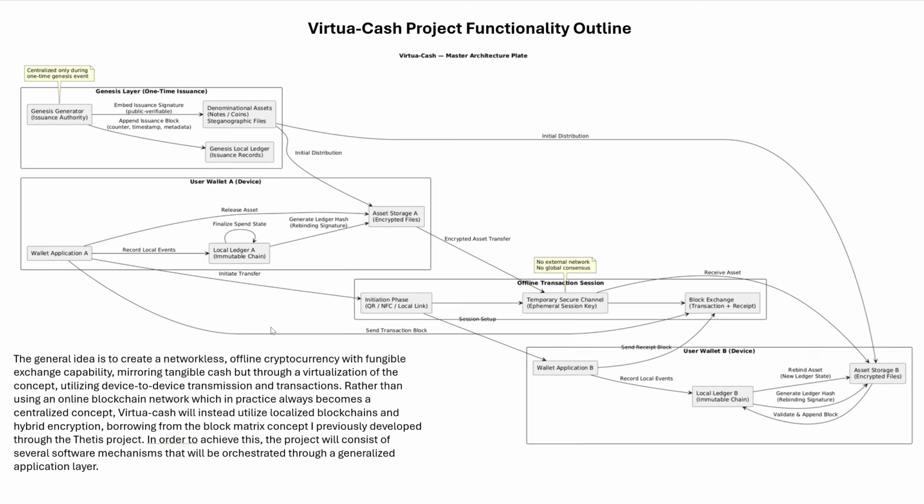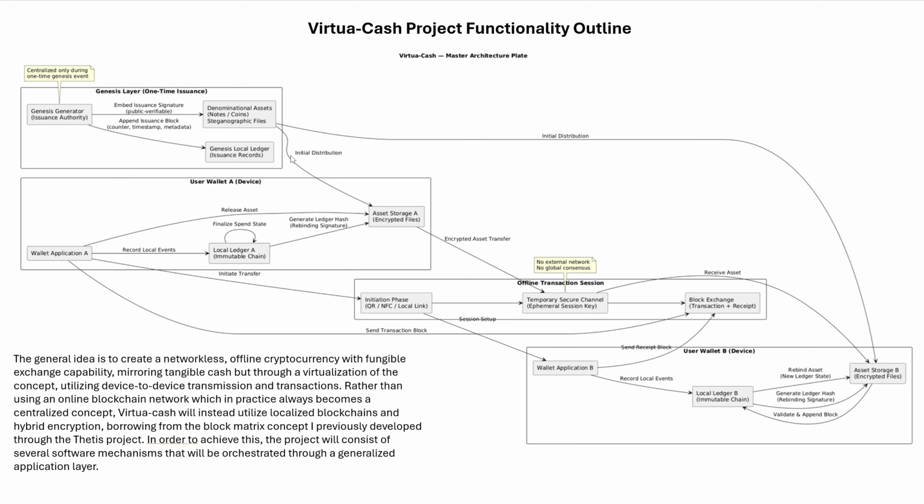We'll look into those individual software mechanisms in a second, but firstly, just to look here, this master architecture plate shows how everything works in this system. There's a Genesis layer, which is its own application, and this Genesis generator layer is the thing that creates all the denominational assets for the virtual cash currency.